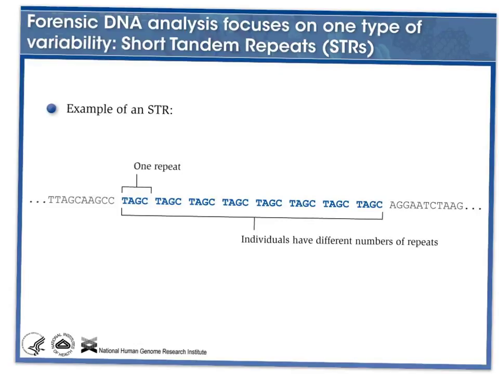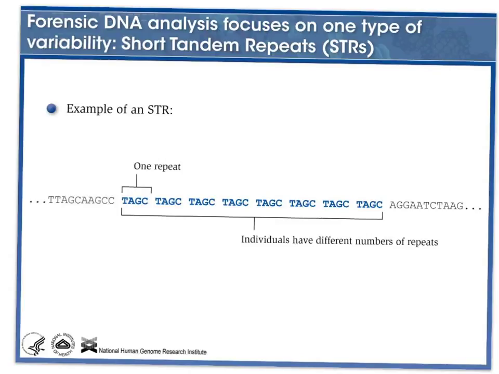Okay? Now, if this repeat is from someone who's related to the person, they inherited the same copy, that person who's related will have the same number of repeats. So we could say, oh, this is probably a relative, perhaps.